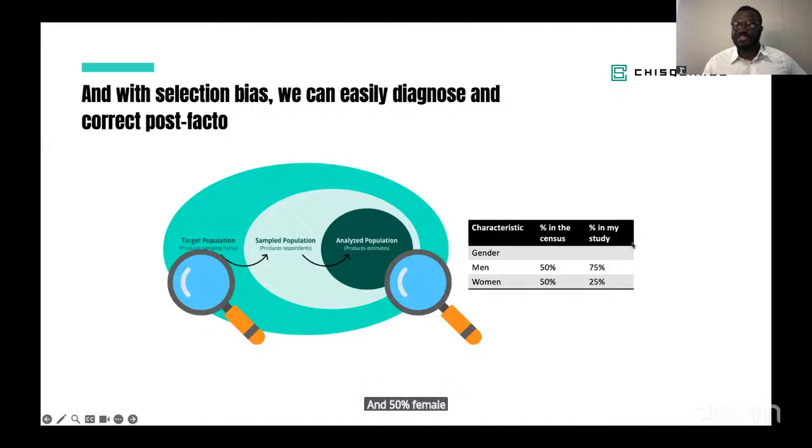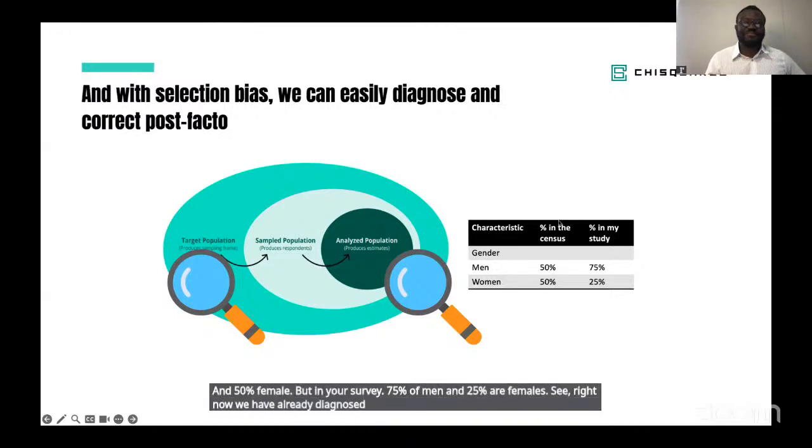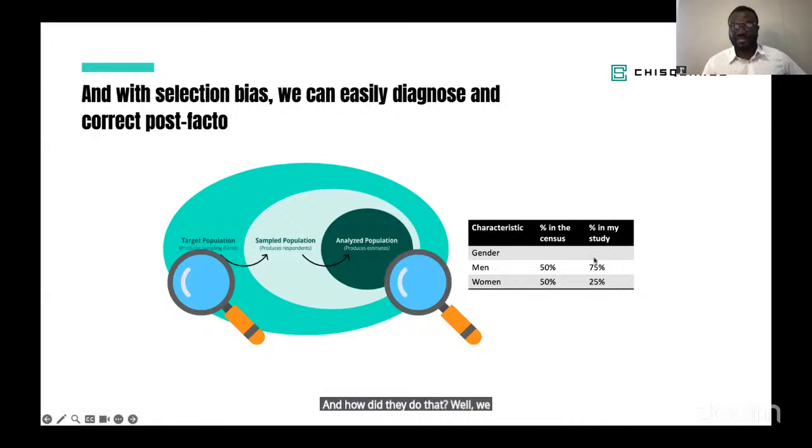But in your survey, 75% are men and 25% are females. Right now we have already diagnosed that there is selection bias. And how did you do that? Well, we compared the distribution in our study with that in the census. That's easy. And now that we have diagnosed the problem, we can easily solve it.